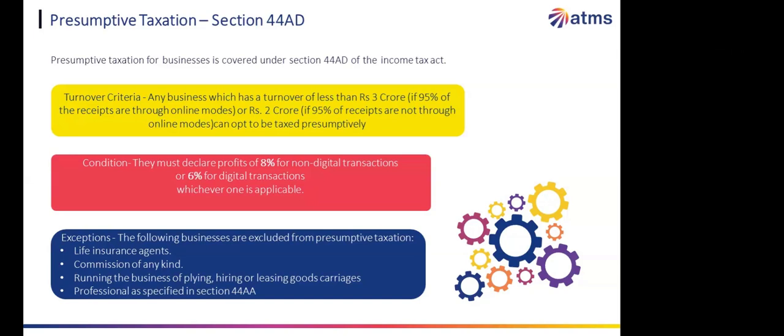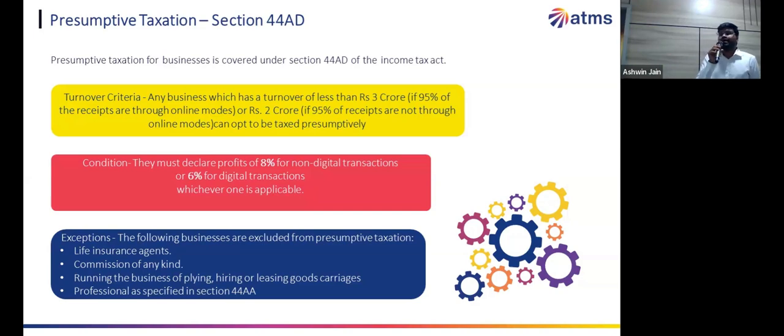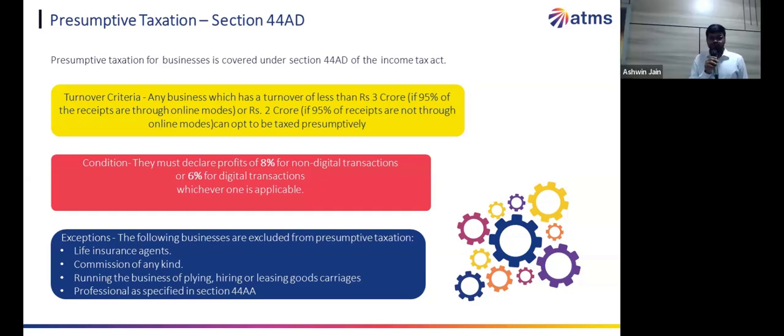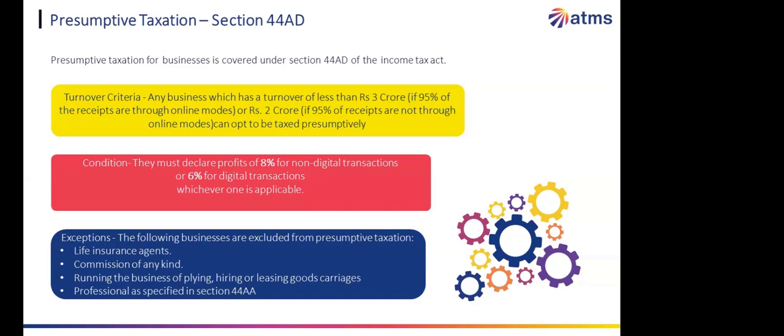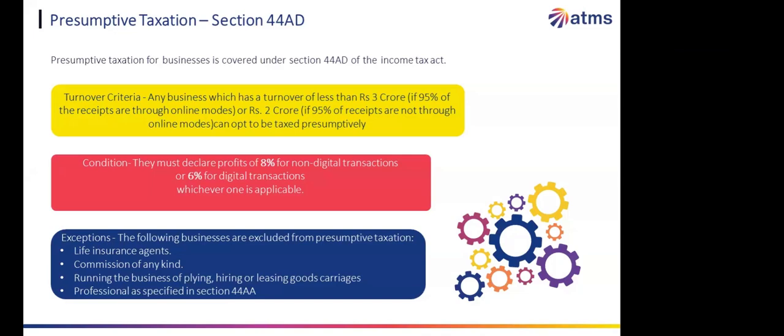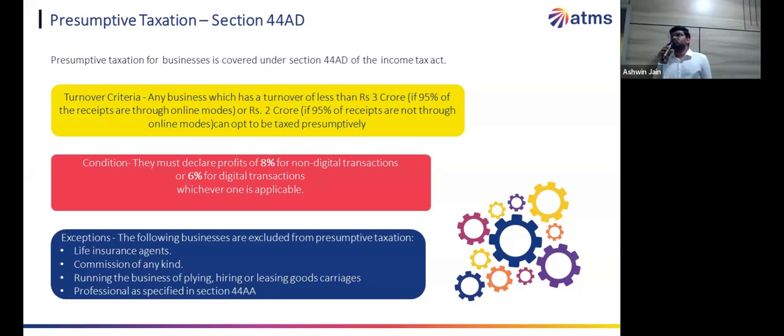Any business having a turnover of less than 3 crore, and again 3 crore and 2 crore I'll explain, can opt for presumptive taxation. This 3 crore limit was amended in the last 23 budget only. It says that 95% of your receipts should be in other than cash mode, I mean to say through a banking channel or online mode.